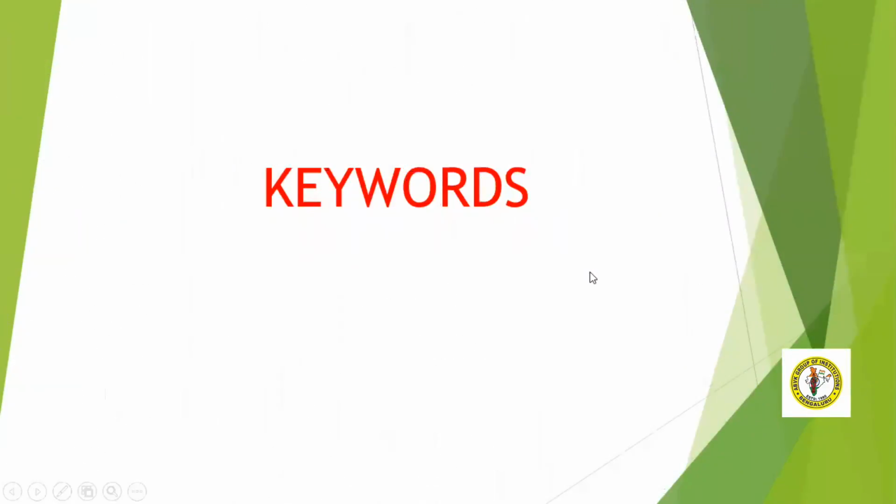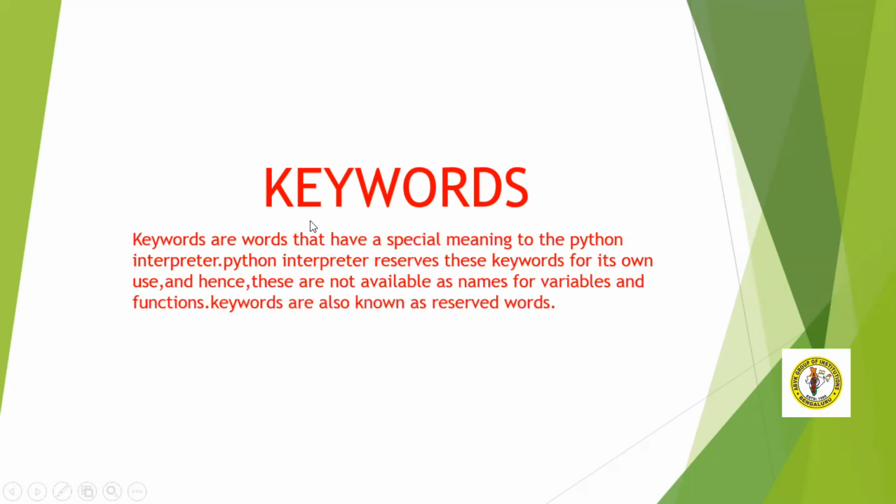Now let us see, what do you mean by keywords? As I have told you, keywords are the words which have some specific meaning. Keywords are the words that have specific meaning to the Python interpreter. These words are also known as reserved words. And I cannot use these words for my own use as they have some specific meaning.